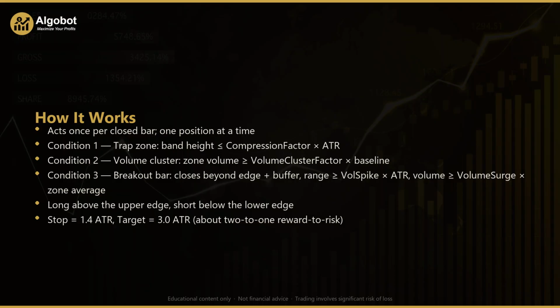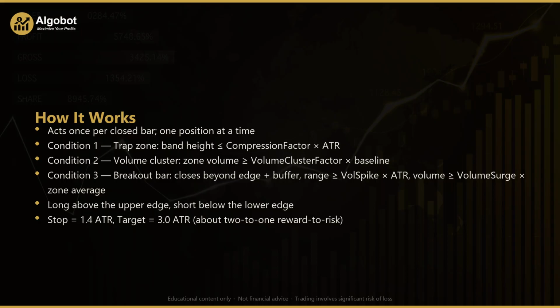The third condition is the breakout bar itself, and it must satisfy three things at once. First, the freshly closed bar must close beyond the zone edge, above the top for a long or below the bottom for a short, clearing it by a small buffer fraction of the zone width, and it must close in that direction. Second, its range must spike, at least the volatility spike factor times ATR, 1.6 by default.